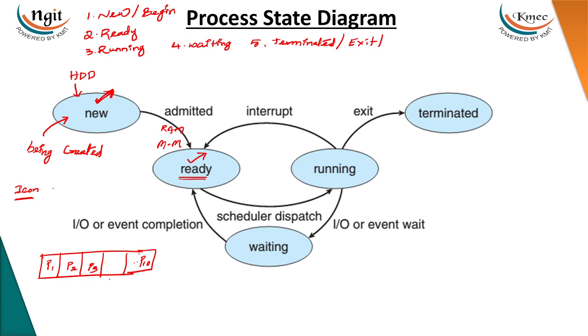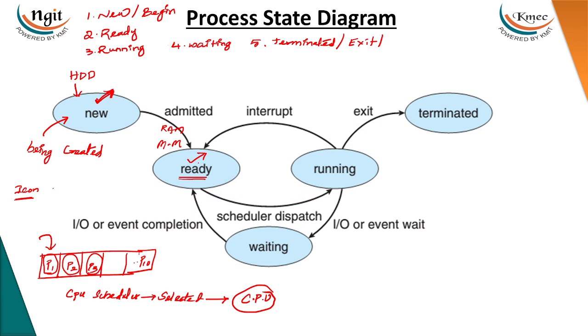Once the process is in the ready queue, there is a program called the CPU scheduler. The CPU scheduler will select one of the processes, and that selected process will be sent to the CPU at some point of time. That is called scheduler dispatch.